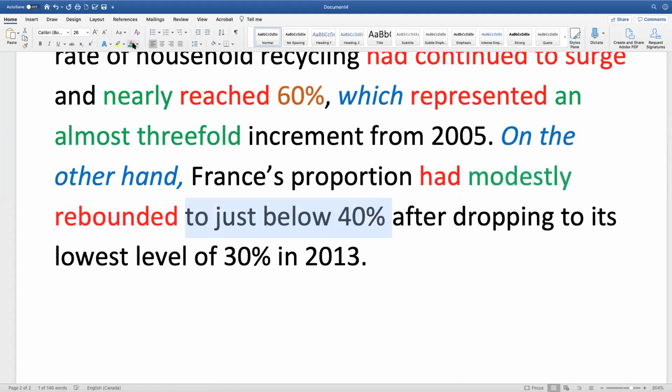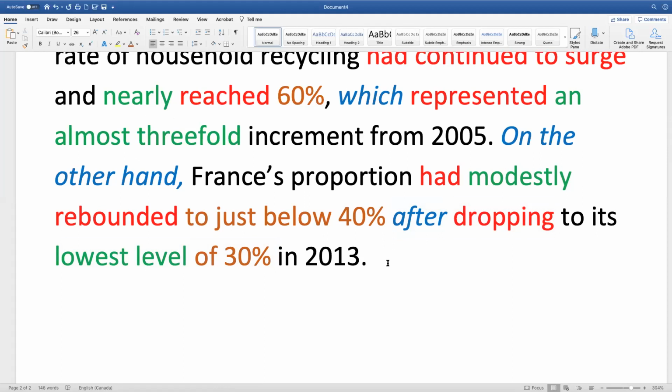Increasing suddenly. No, somebody else? Decrease. Somebody else, please? No, I said that one. So, rebounded means, oh, Andrew wants to say again. Yes? It increased after a drop.